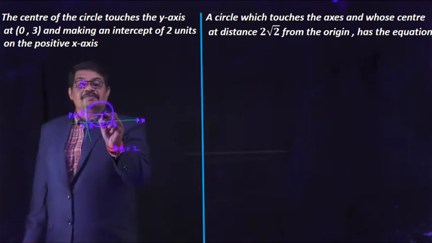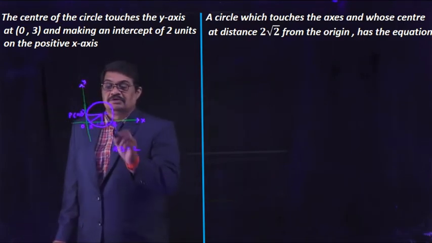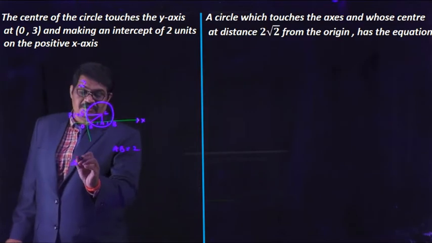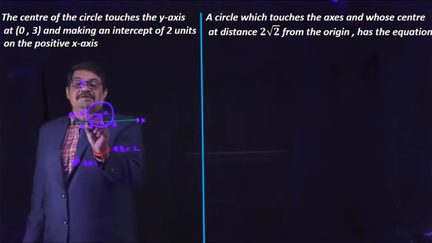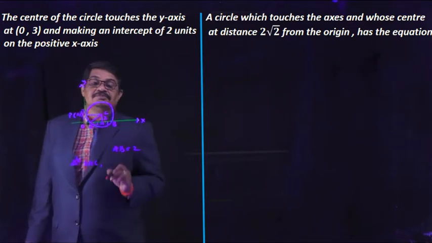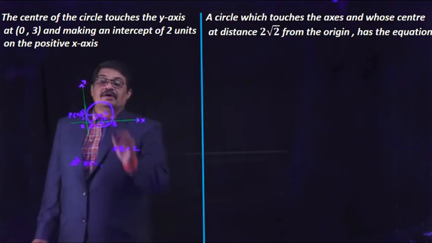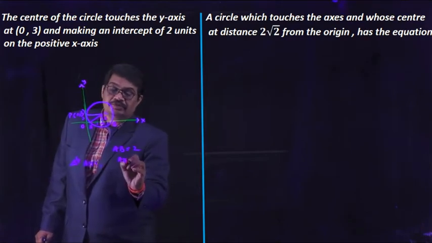Draw the line A to C. From this triangle AMC, it is a right angle triangle. The OP distance is 3 units, and here the MC distance is also 3 units. Here AM is equal to 1.